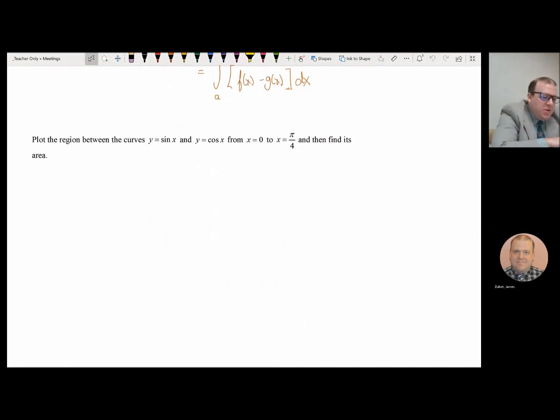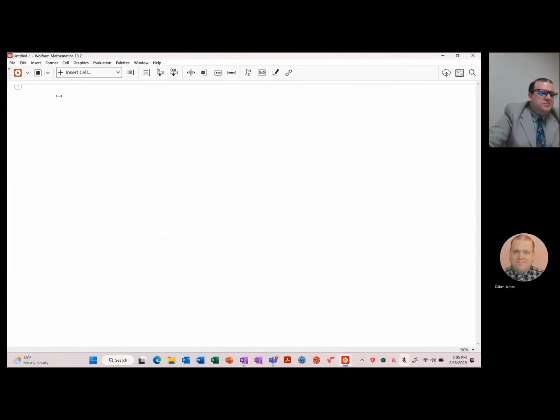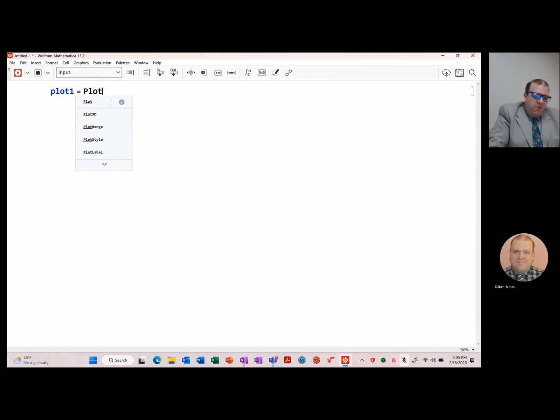I'm going to plot the region between the curves of sine of x and cosine of x from 0 to pi over 4. And we'll go ahead and find its area. I'm not going to do defined yet.